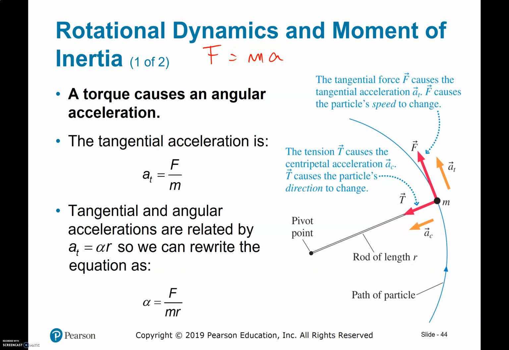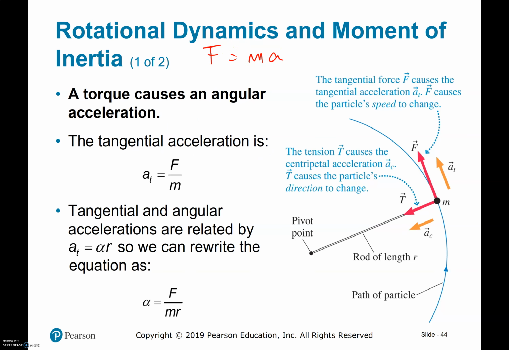So there's going to be an equivalent equation for rotational dynamics, and it says that torque is equal to I alpha. So alpha is the angular acceleration and I is the moment of inertia. So alpha plays the role of the acceleration in this equation and I plays the role of the mass. So let's see how we get to that.